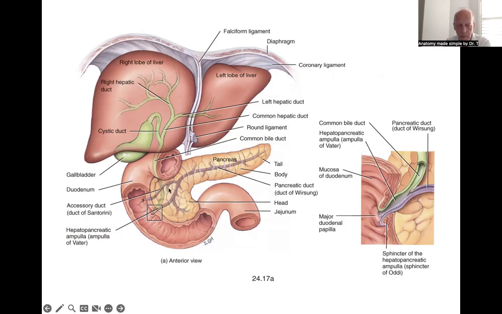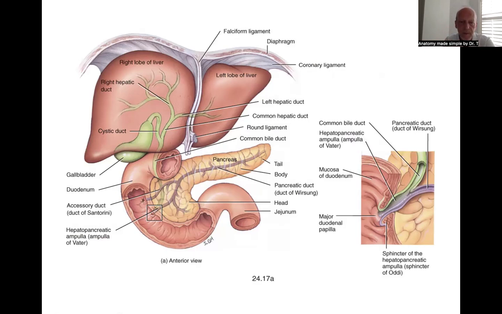From the head and uncinate process, we go through the pancreatic neck, obvious narrowing of the pancreatic tissue, and then we follow the pancreatic body, and then tapering off the tail of the pancreas, which comes pretty much directly, and occasionally it touches even the medial aspect of the spleen.